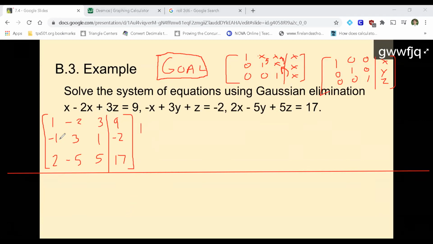So if I take row 1 and multiply it by 1 and add it to row 2, that'll change this to a 0, right? 1 times 1 plus -1 is 0. To get this 2 to be a 0, I would need to take row 1 and multiply it by -2 and add it to row 3. So this is row 1 times 1 added to row 2. Row 1 times -2 added to row 3.